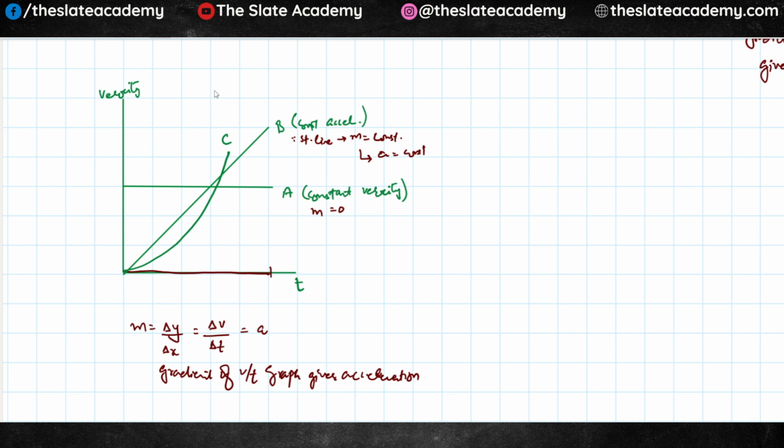So object C would have increasing acceleration. And we would say since it's an upward sloping curve, that tells me m is increasing, and since m is acceleration, therefore acceleration is increasing.